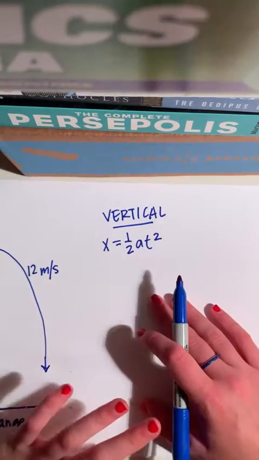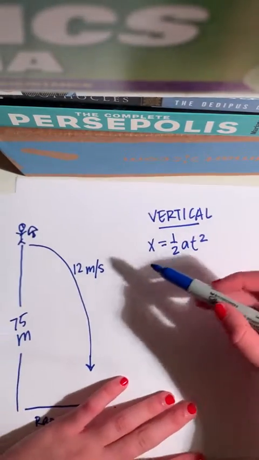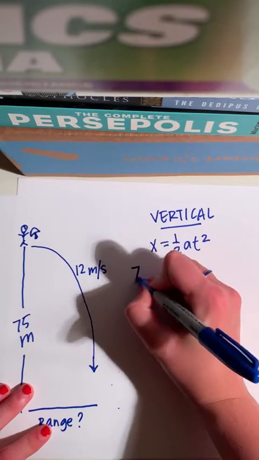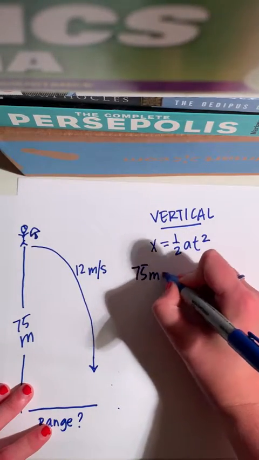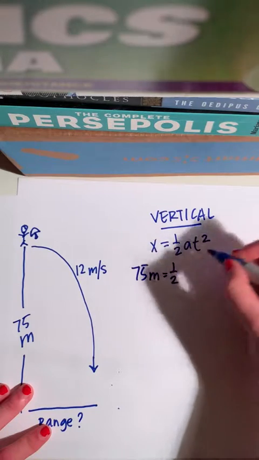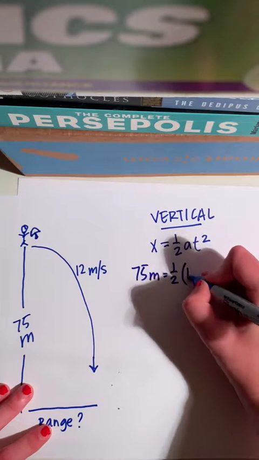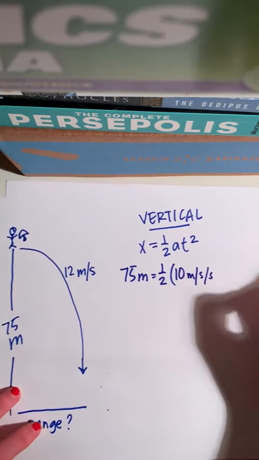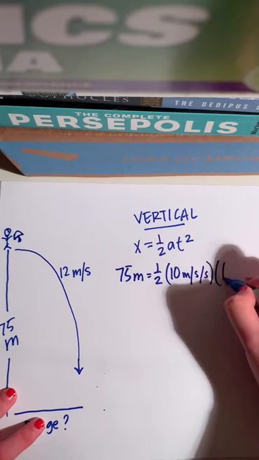But first, x we know is 75 meters, so we can plug that in. 75 meters equals half A, which is gravity, so 10 meters per second squared, times T squared.